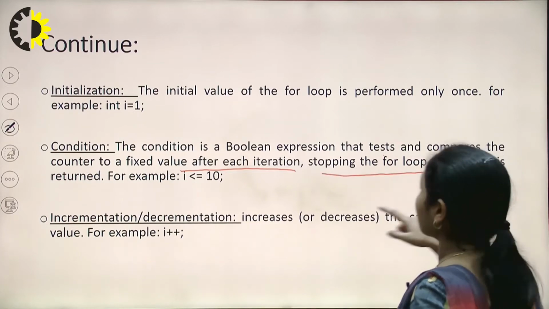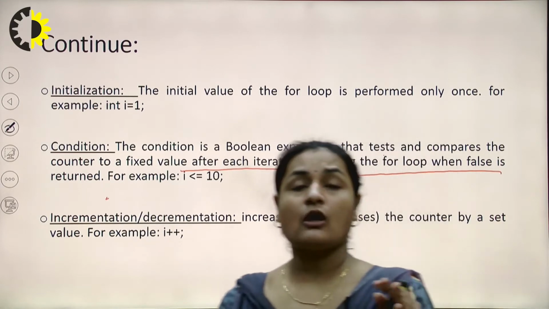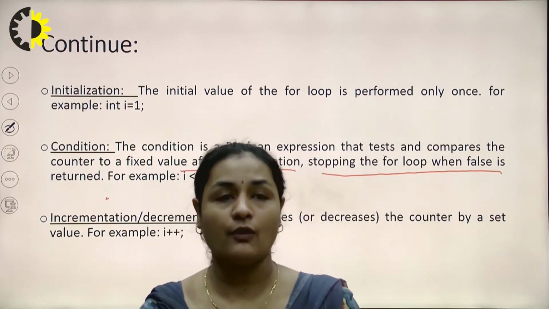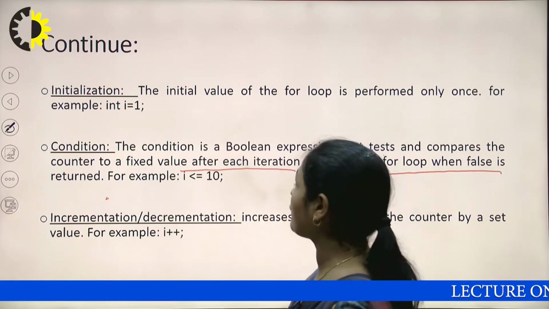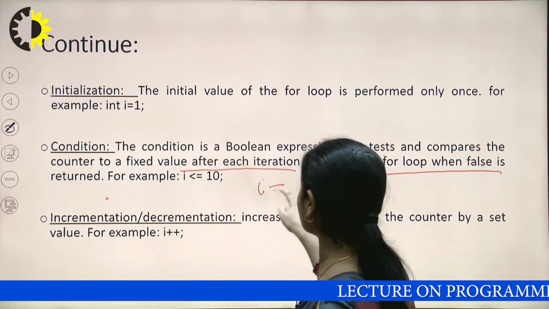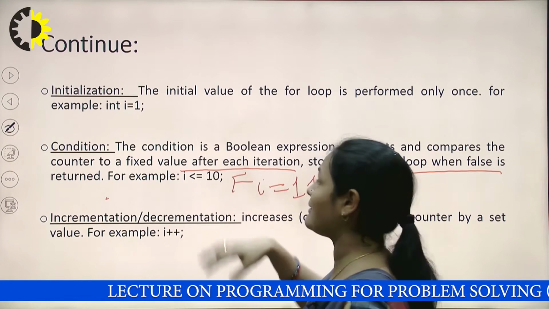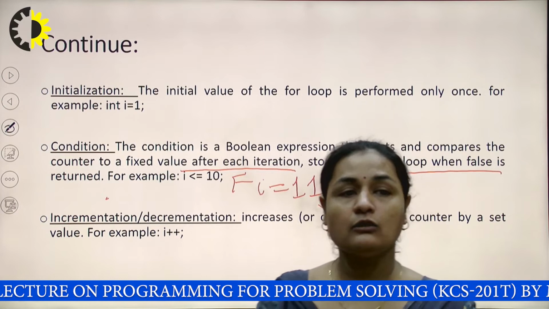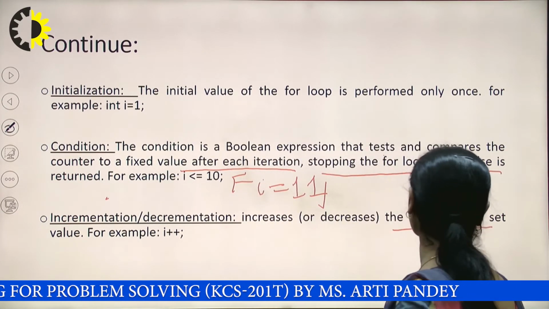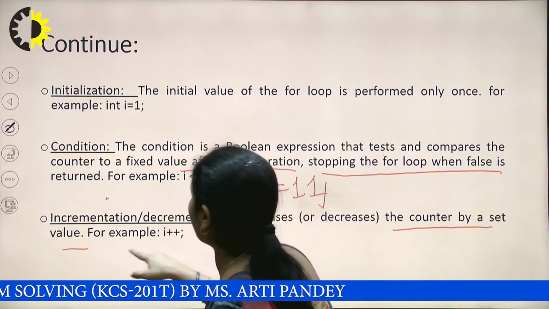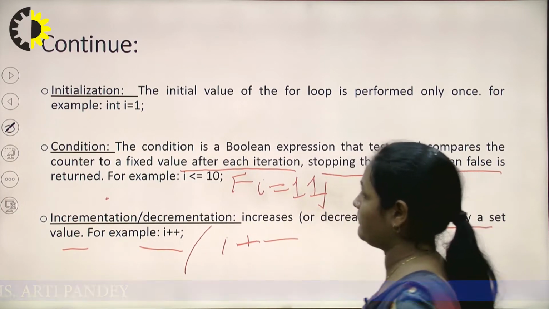The for loop stops when false is returned. For example, if we write i less than or equal to 10, when i is greater than 10, that is 11, then the loop condition is false and we come out of that loop. Increment and decrement means increase or decrease the counter by a set value, for example i++ or i--.